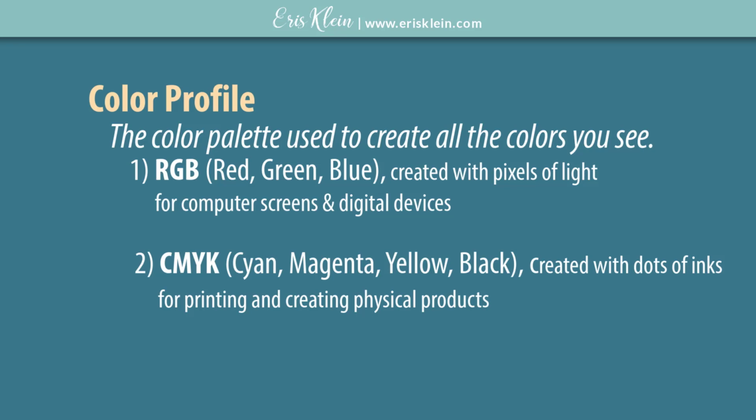And then also, I'm going to tell you right now, when I work on a computer screen, I go ahead and create my art in RGB because that's more natural to the computer screen and I can see my colors. But if I try to work with CMYK, that's actually for printer's inks and it doesn't translate as well on the computer screen. It may print out perfect later, but I can't see it on my screen as clearly as I would like.